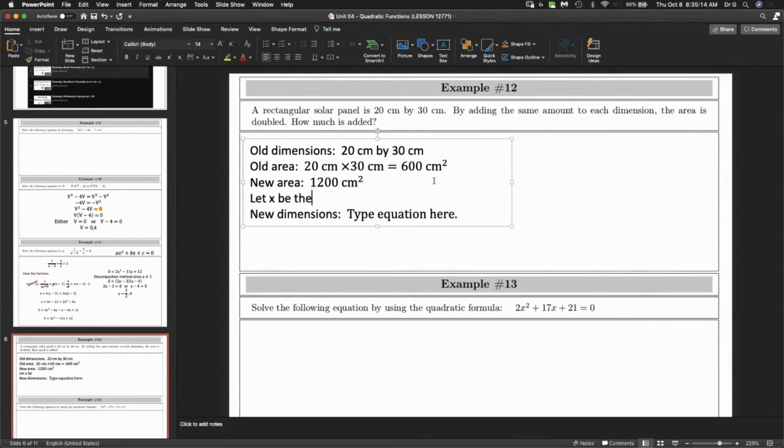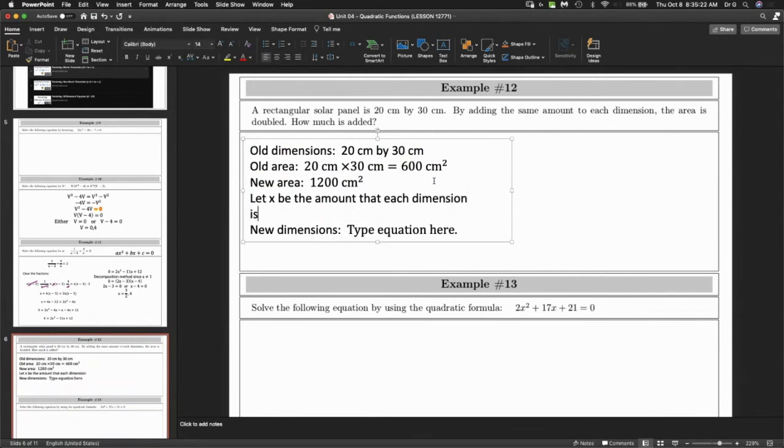Let x be the amount. So what are the, thank you, Graham. That's what I was looking for, just the intermediate thing here. So the new dimensions would be 20 plus x and 30 plus x, and those are in centimeters.